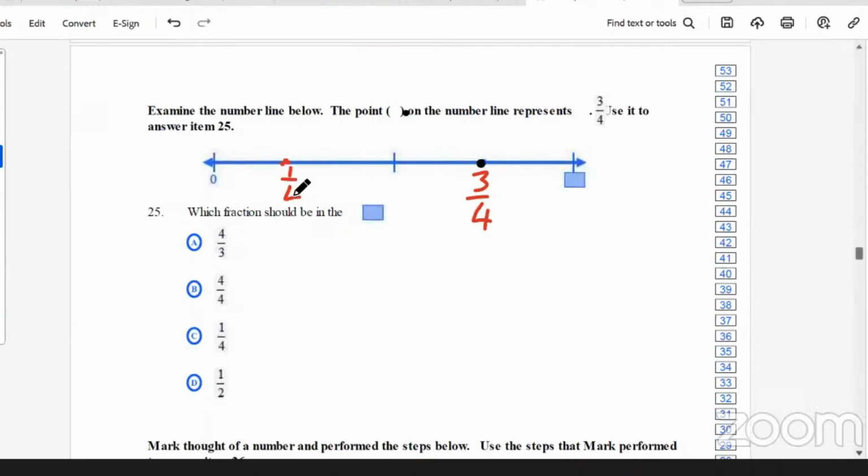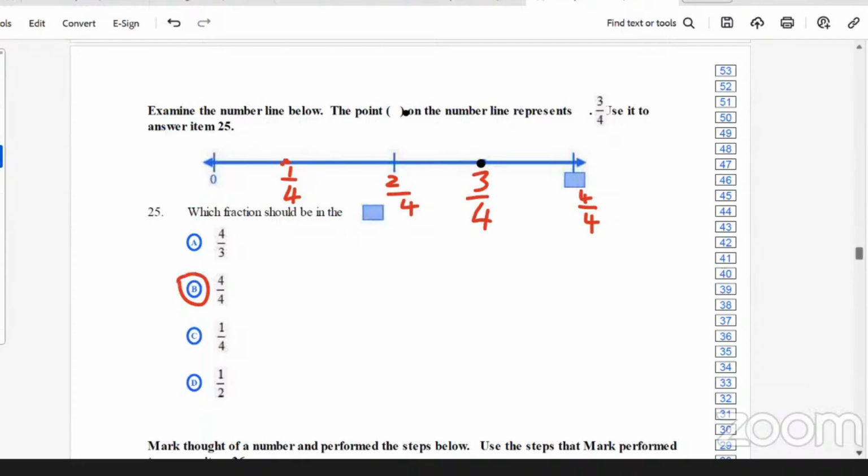Because we know pretty much dividing the line into 4 parts. And this would be a half or 2/4. So for the entire line, the final piece would have been 4, right, out of 4. So the answer is B, 4/4.